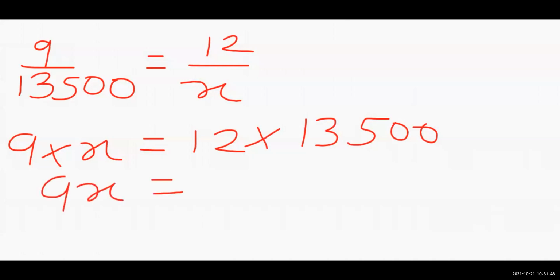Now multiply 12 by 13,500. What you people are getting? Let me know the answer. 12 multiplied by 13,500. Very good. You are getting the answer, that is 162. What you got? Is it right? Yes, it is 1,62,000.